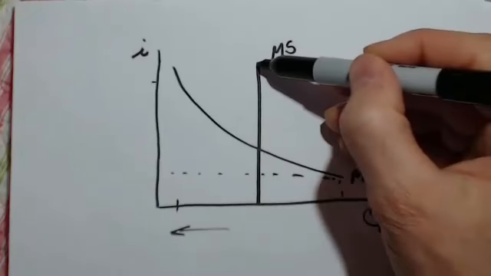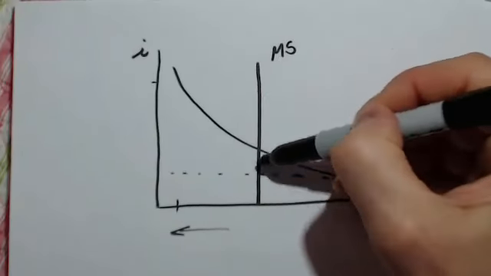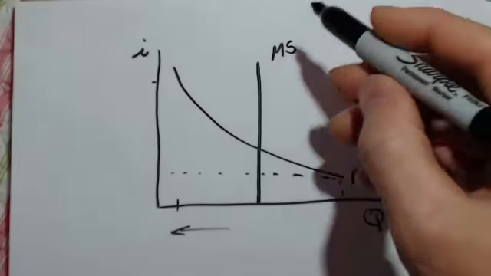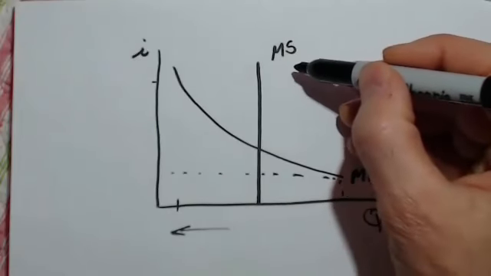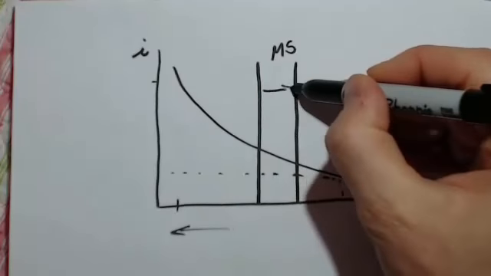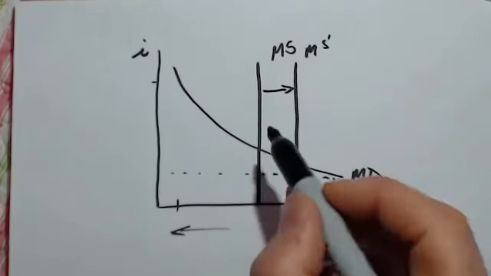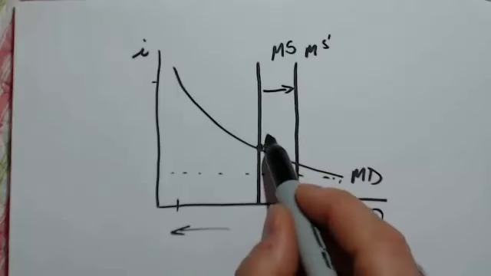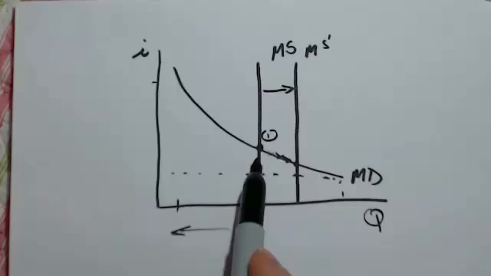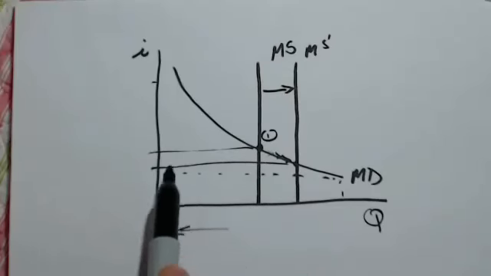So the money supply is often denoted as just a straight vertical line on this supply and demand graph for money. And so what happens is when the Fed wants to increase the money supply, it moves the money supply curve out, and interest rates go from this point down to this point. And so you have a lowering of interest rates through the increase of the money supply.